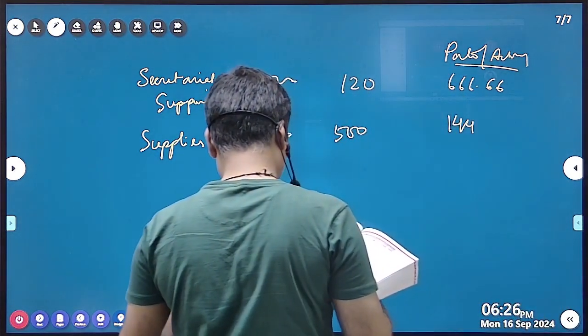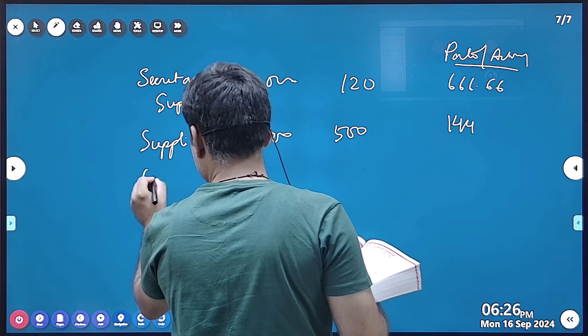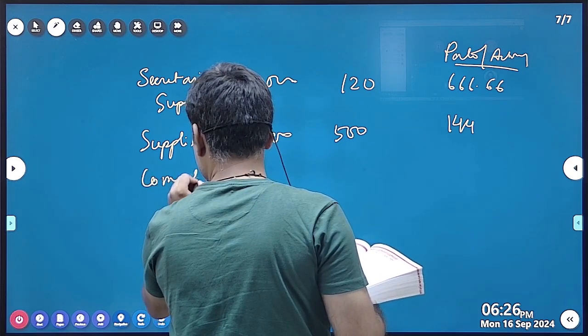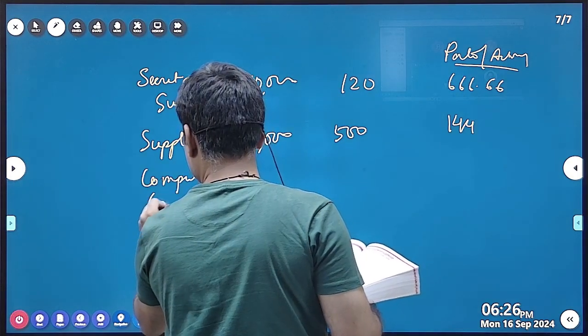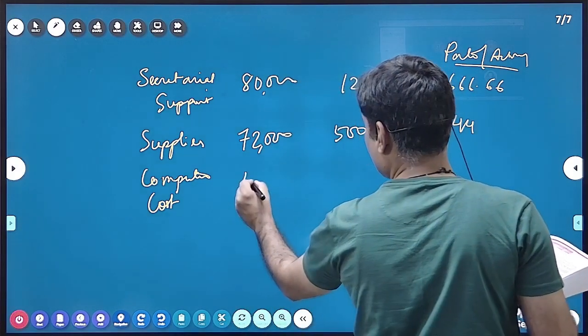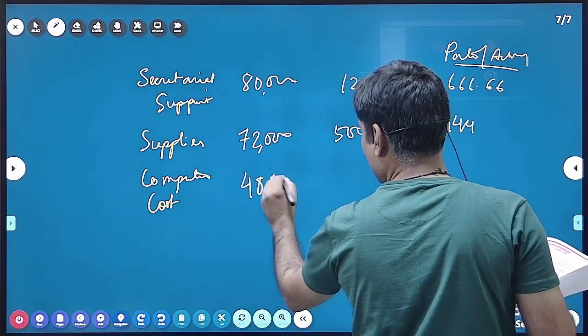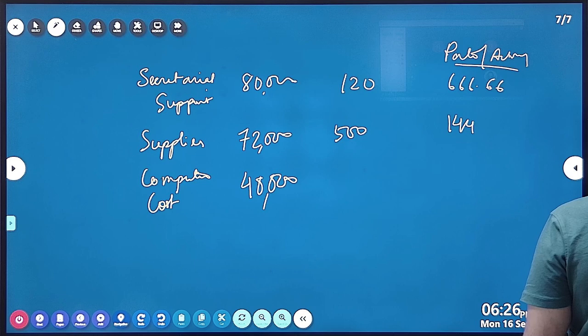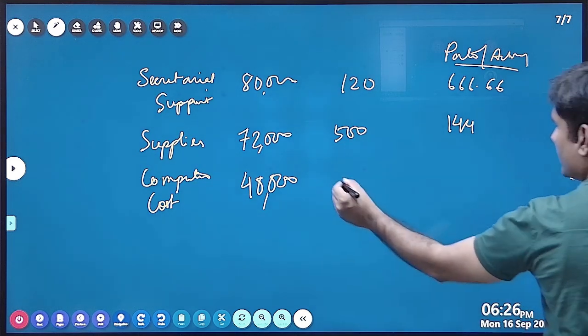Then computer cost. Computer cost is 40,000, so the rate is 25.